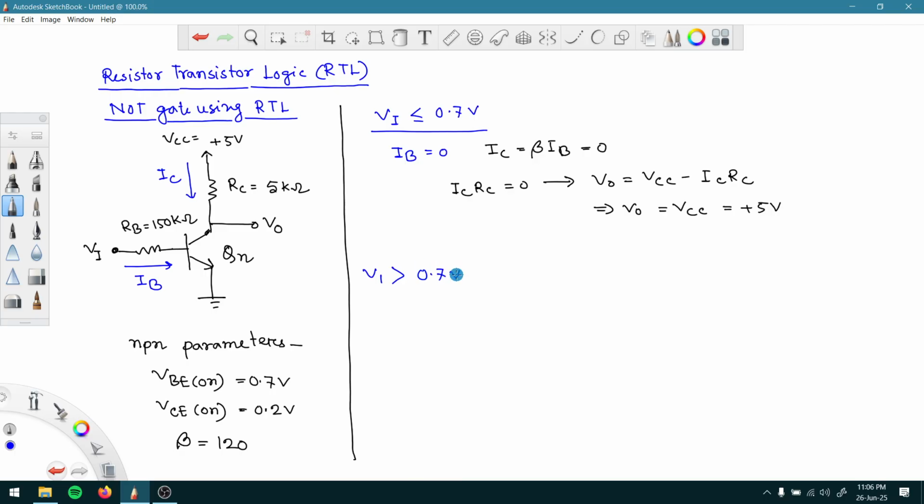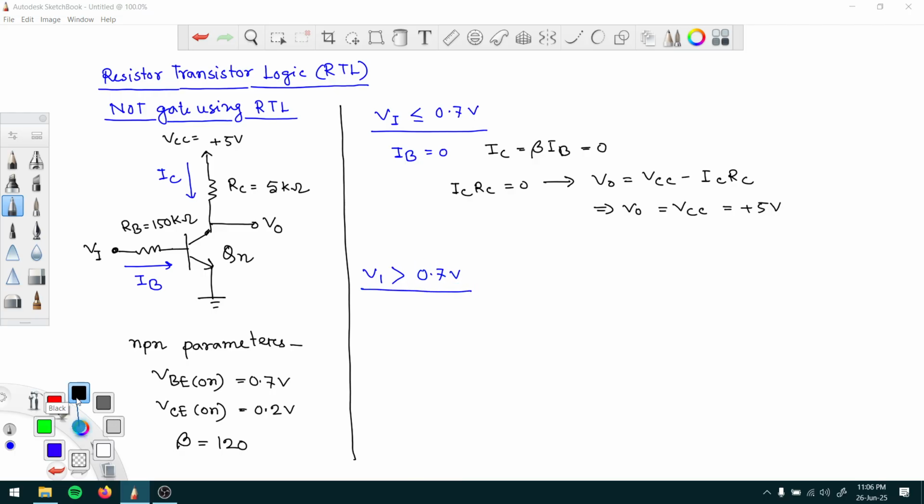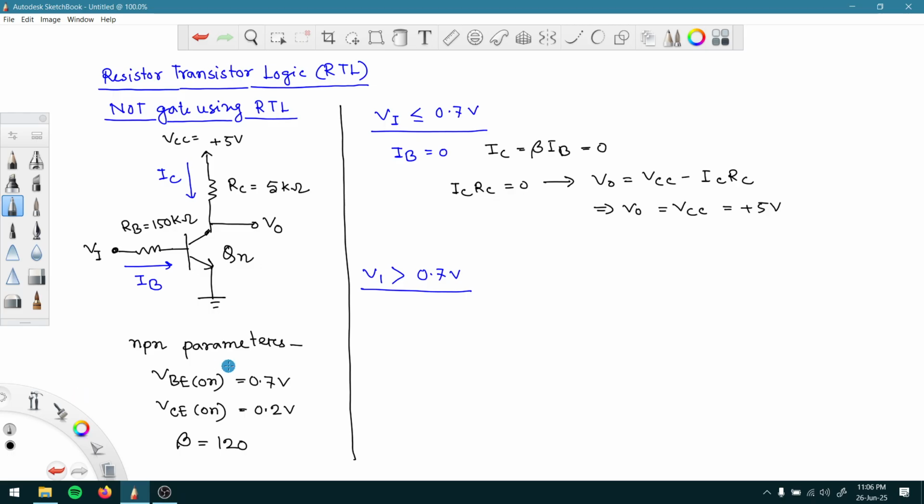We will try to increase from there and try to understand what happens to the circuit and also at the output. Whenever we have higher voltage than 0.7 volt at this Vi, obviously this junction will be forward biased.